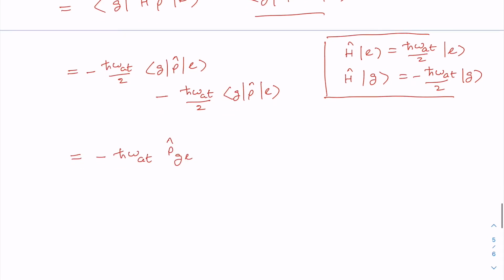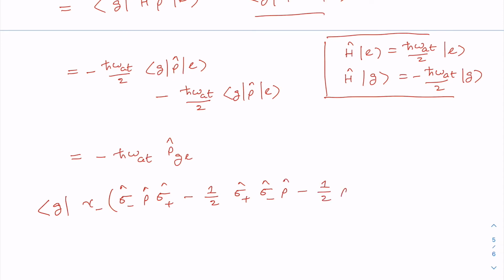Now let us work out this term, Z gamma minus sigma minus rho sigma plus, minus half sigma plus sigma minus rho, minus half rho sigma plus sigma minus.